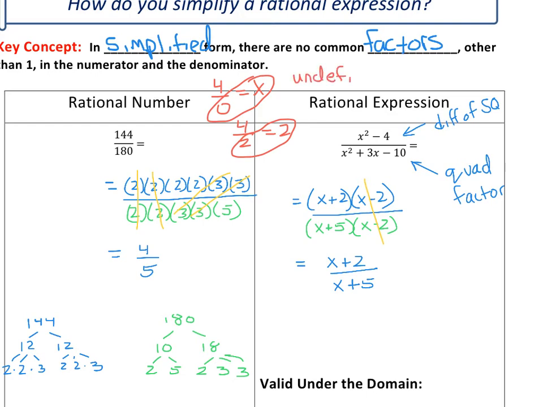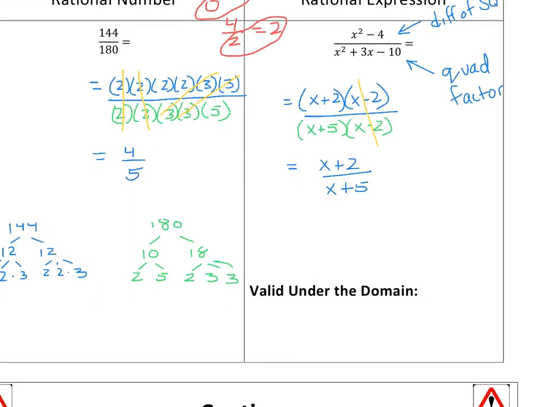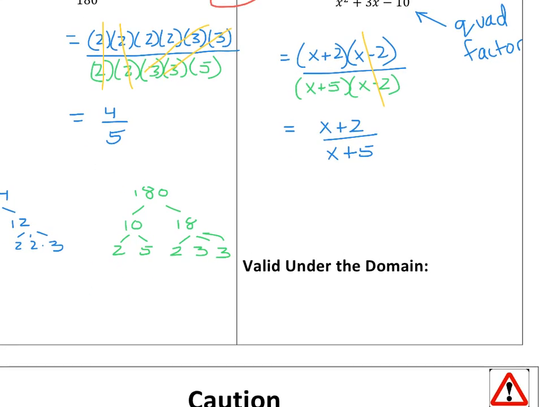And so when it comes to rational expressions, we have to take one additional step and basically write the domain that this expression is valid for. So here we have a reduced expression, x plus 2 over x plus 5.